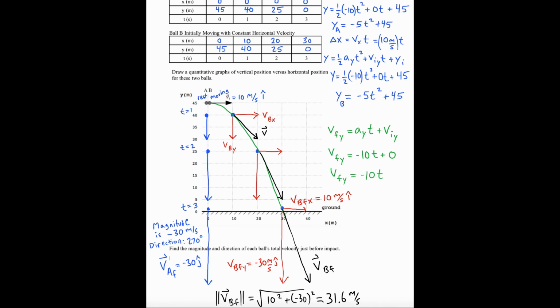And then let's find an angle for it. First I'll find my reference angle. It's the tan inverse of 30 over 10, which is 71.6 degrees.